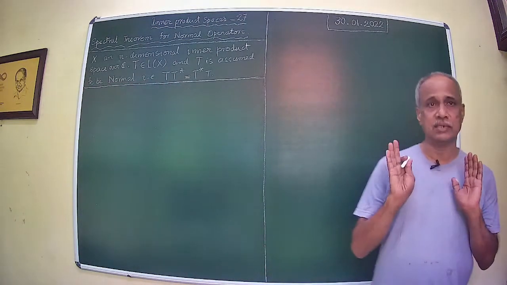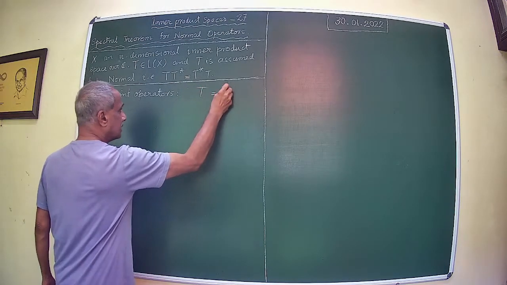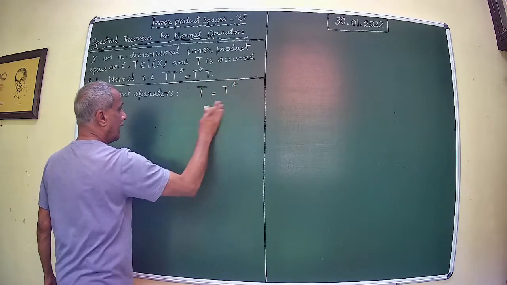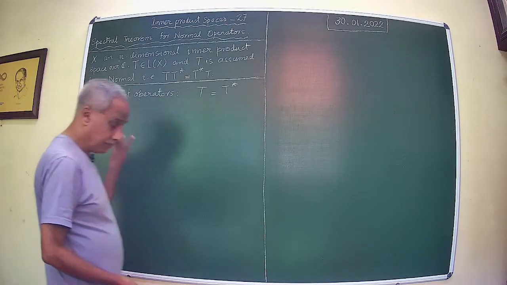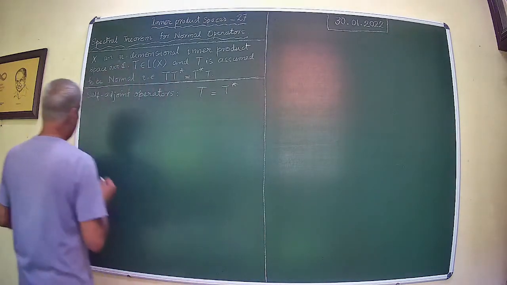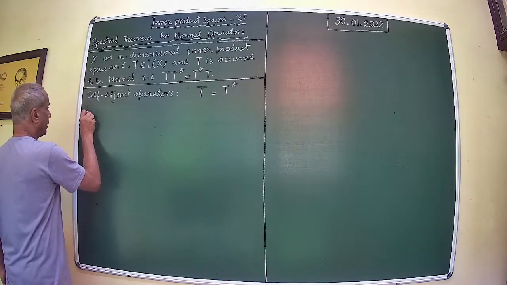Now these are the ones for which T equals T star, and therefore T star T equals T T star. So it's normal. Then you have got unitary operators or isometric operators.